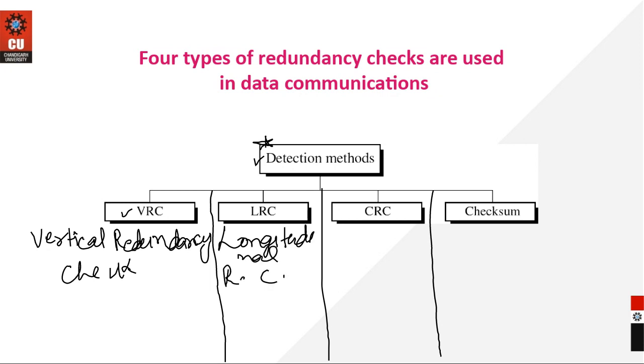CRC stands for cyclic redundancy check, and checksum is the name of that method, the whole sum. Alright, VRC is vertical redundancy check, longitudinal redundancy check, cyclic redundancy check, and the last one is checksum. Can you move forward with the slide if you have written it, so that I can explain the method to you?